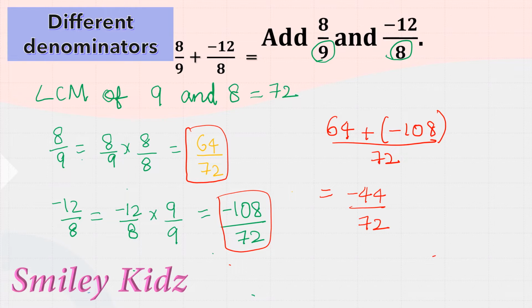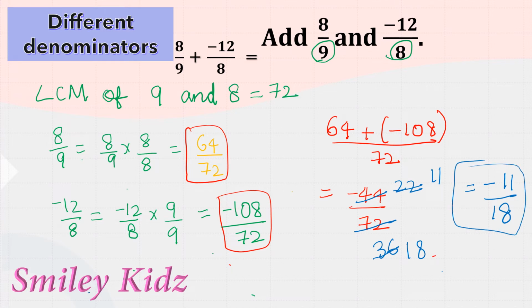Now let's simplify -44 by 72. 2 times 22, 2 times 36, 2 times 11, 2 times 18, which will be equal to -11 by 18. Therefore, when we add 8 by 9 and -12 by 8, we get the solution as -11 by 18.